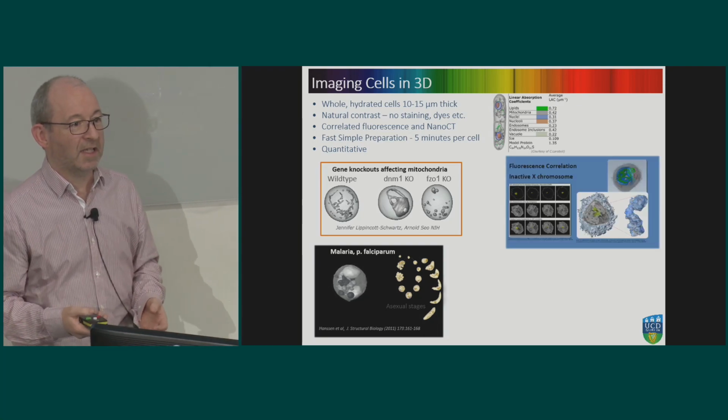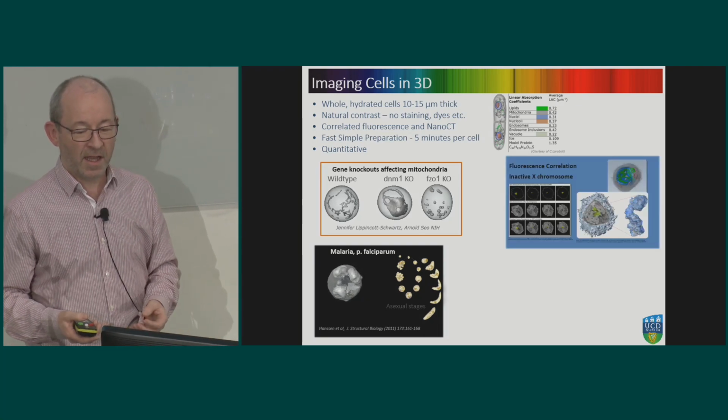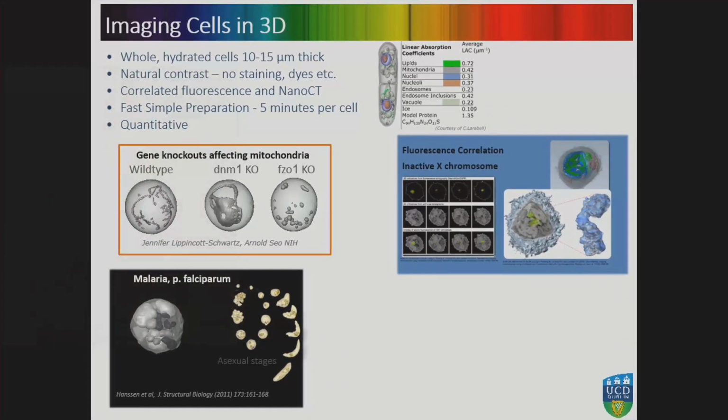Another powerful aspect of the technique is that it's compatible with and complementary to fluorescence microscopy. So you can take the same cells and take fluorescence images of these cells and superimpose the fluorescence images, which give you chemical information, on the X-ray images, which give you structural information. And that's very, very powerful.